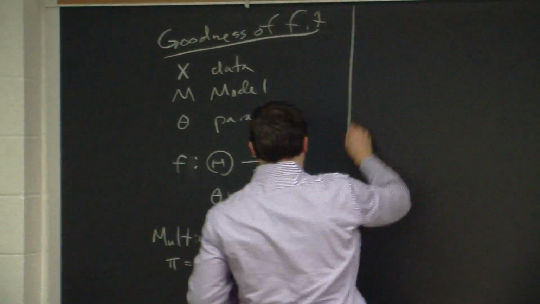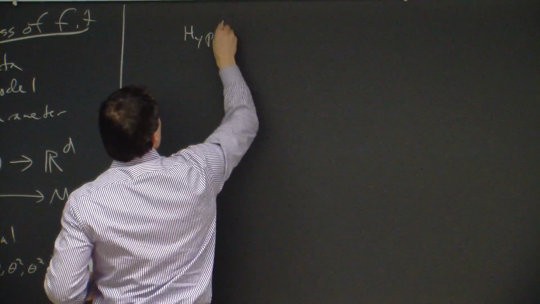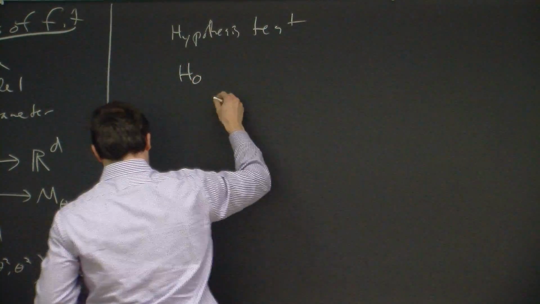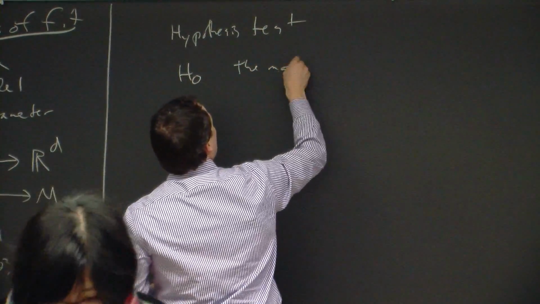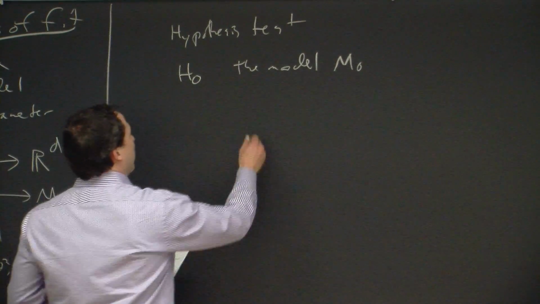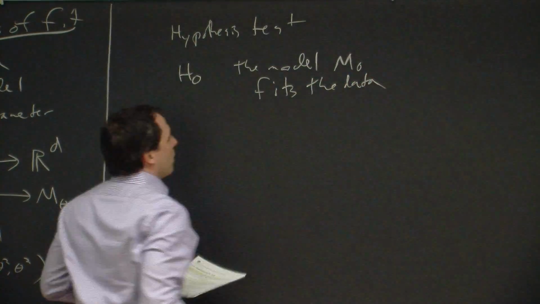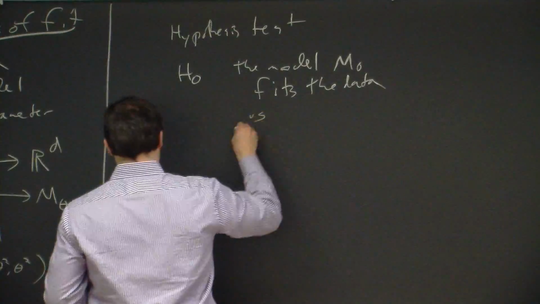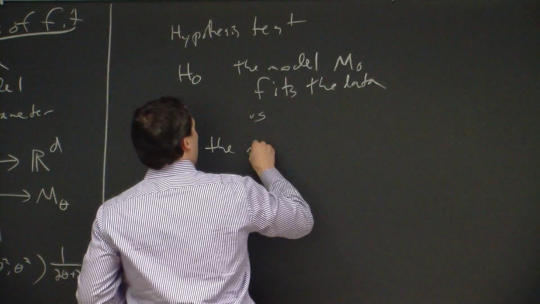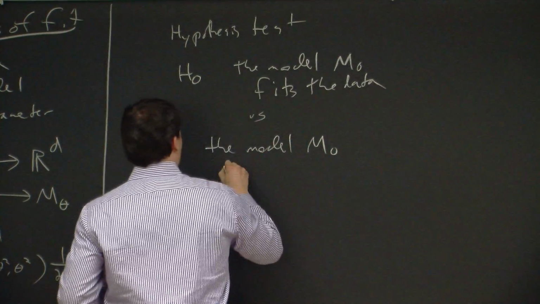So as a hypothesis test, what are we saying? We're saying the null hypothesis is that the model, maybe M0, the null model, fits, versus the alternative hypothesis, a model that we're assuming the null hypothesis model does not fit.